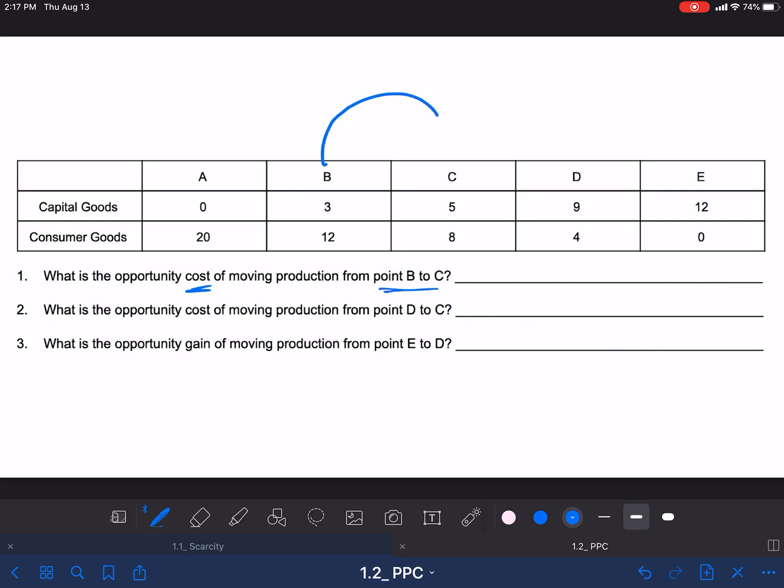Well, we're starting at B and going to C. So from B to C, we go from 3 to 5 and then 12 to 8. So which one shows a loss? The 12 to 8. So 12 minus 8 is 4. And what exactly did we lose? Well, we lost 4 consumer goods. So that is the opportunity cost of moving from B to C for consumer goods.